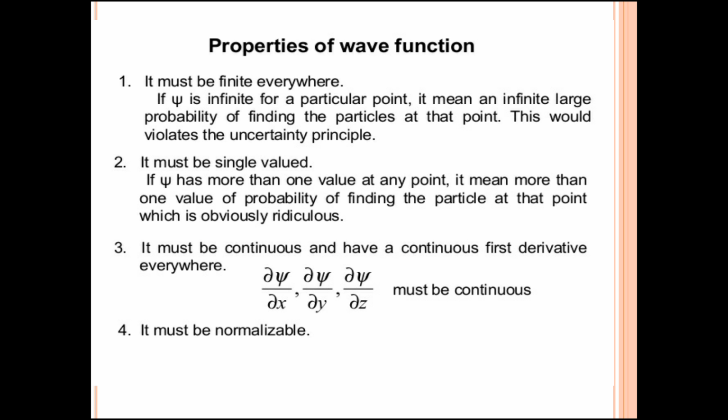This would violate the uncertainty principle. It must be single valued. If psi has more than one value at any point, it means more than one value for the probability of finding the particle at that point, which is obviously ridiculous.